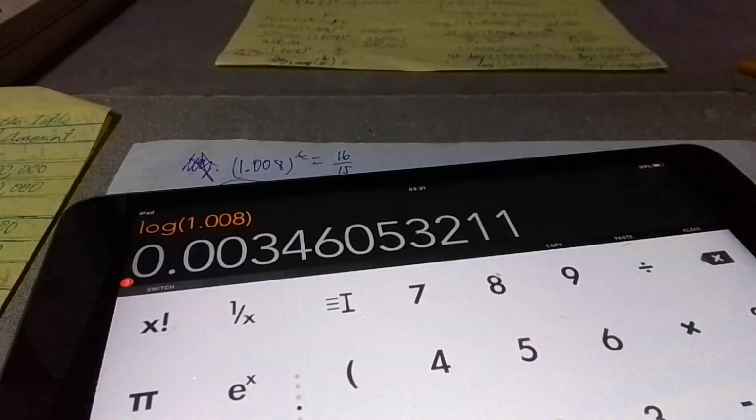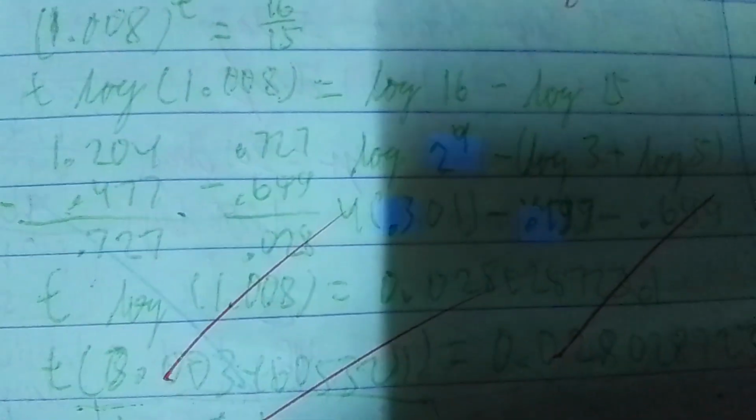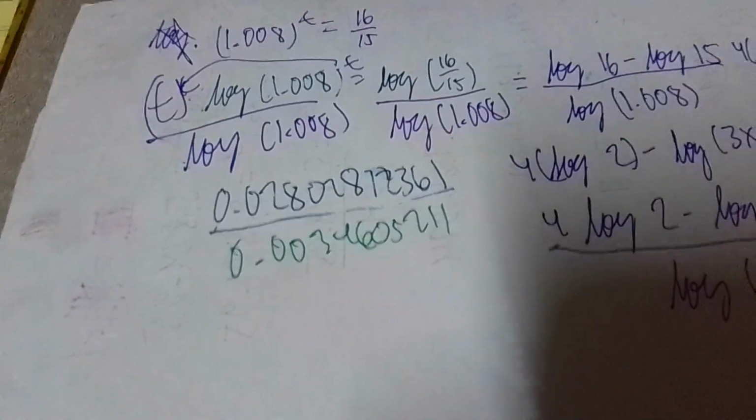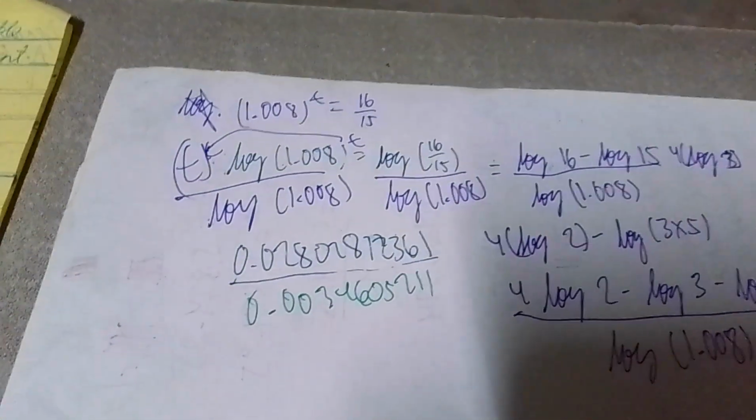We should get 0.003460 something. So on the denominator we have 0.003460521111. And then all we have to do is divide the two arguments so that we can solve for t.